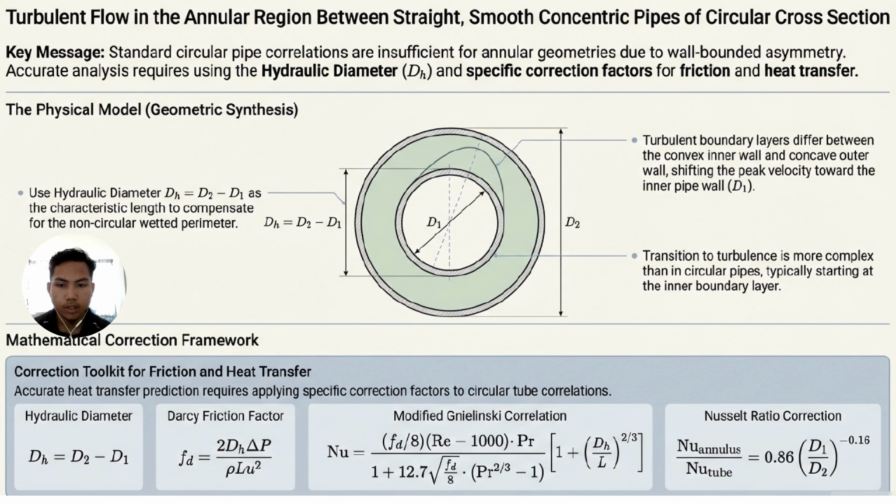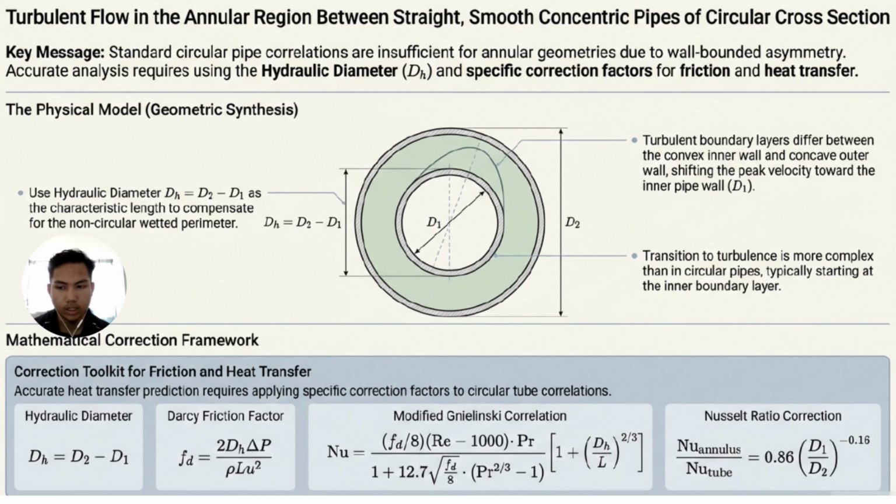And finally, the convective efficiency differs across the inner and outer surface. We apply a specific geometric correction ratio. We define that the Nusselt number of the annulus relative to the standard tube is equal to 0.86 multiplied by the diameter ratio, which is d1 over d2 to the power of negative 0.16.